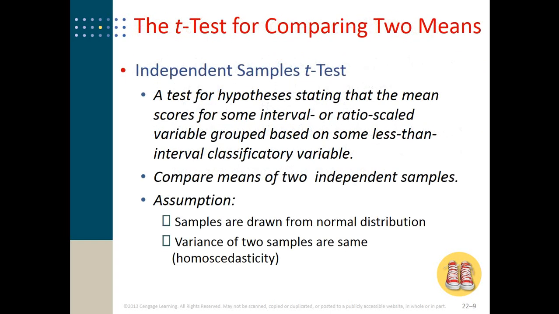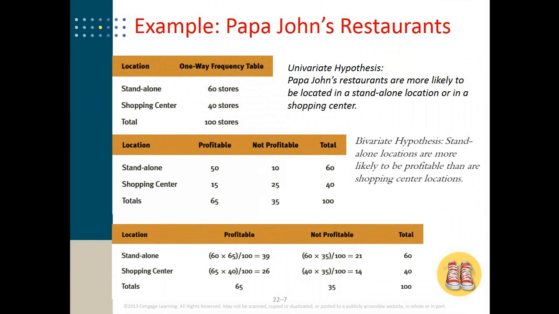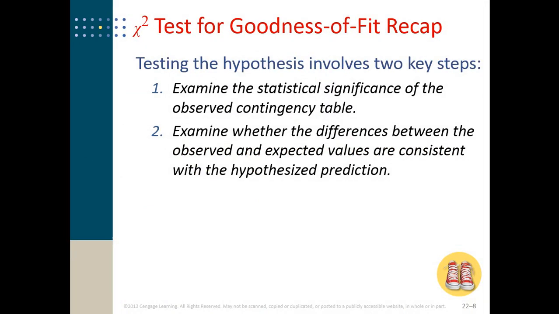The good thing is, when we use statistical software or an Excel spreadsheet, we directly get a p-value, and by comparing the p-value with the significance level, we will be able to say whether we reject the null hypothesis. So this is the chi-square test.